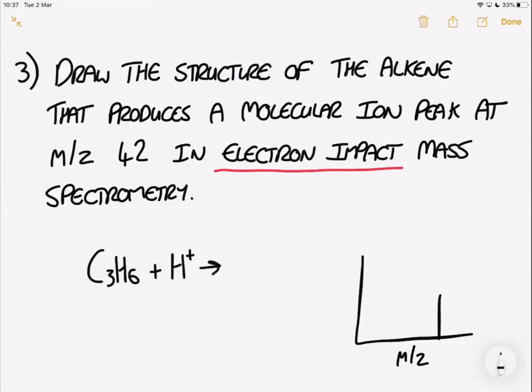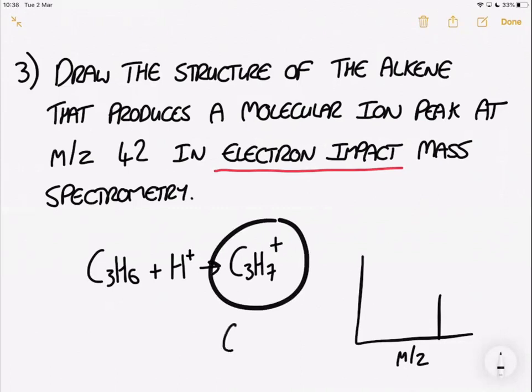It would have picked up a proton from the solvent that's used in electrospray ionization. And so the ion that would cause the signal would look like that, right? Or I suppose you could write it like this if you wanted to make it totally clear that that proton had been stuck to it, which means that the signal would be seen at 43. But that would only be relevant if it was electrospray.